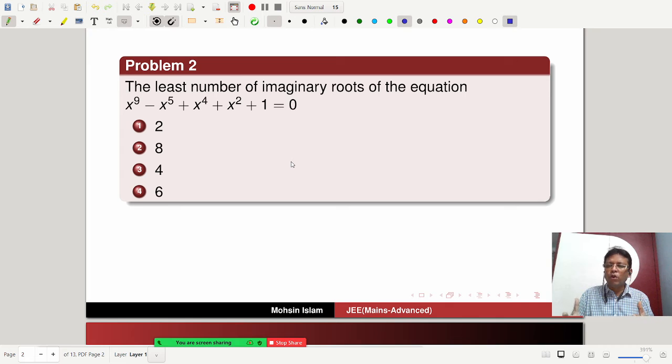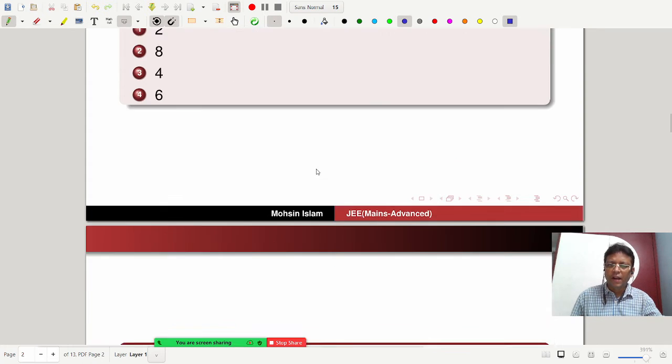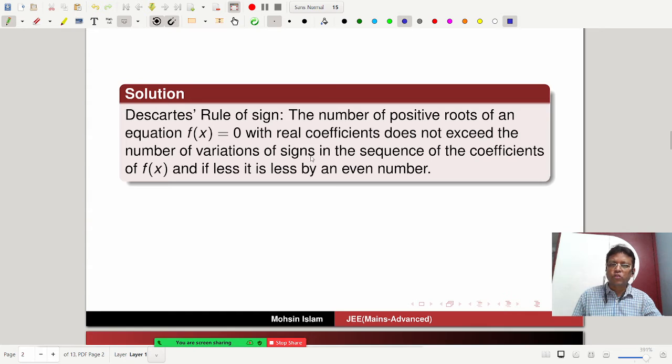Descartes' rule is a fantastic rule in theory of equations for finding rough estimations of real and imaginary roots. Let us see. Descartes' rule of signs: the number of positive roots of an equation f(x) = 0 with real coefficients doesn't exceed the number of variations of signs in the sequence of the coefficients of f(x), and if it is less, it is less by an even number. That is the rule for positive real roots.